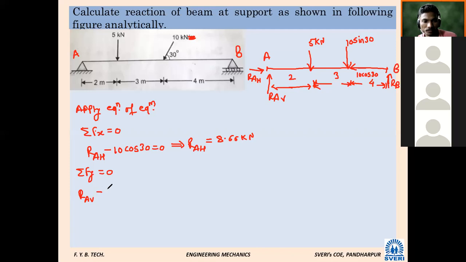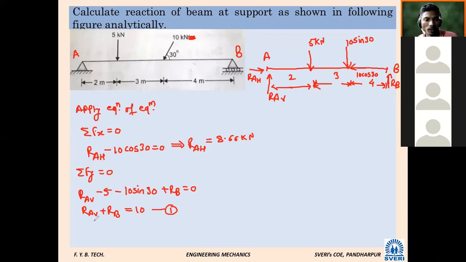Then minus 5, minus 10 sin 30, plus RB equal to 0. Calculate. So RAV plus RB equals 10.